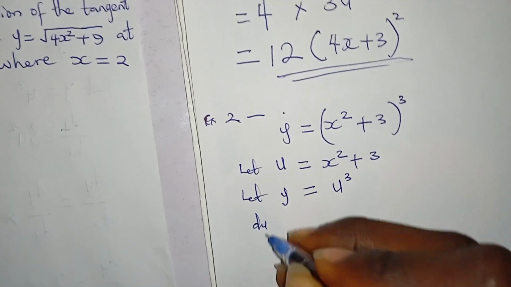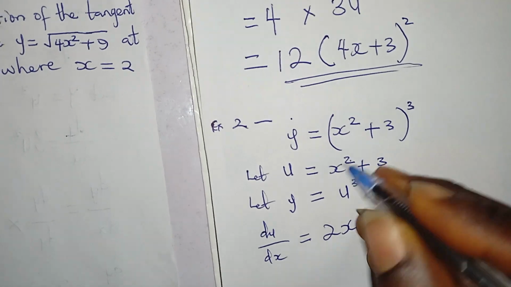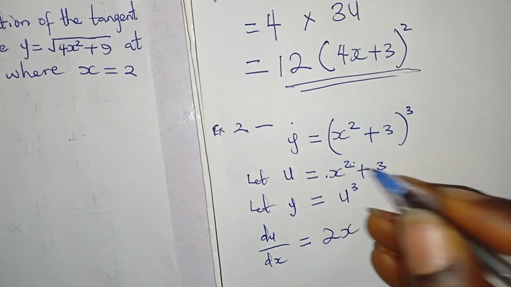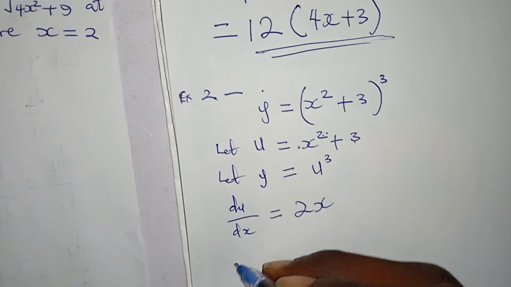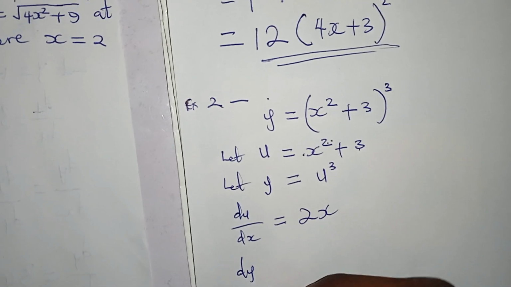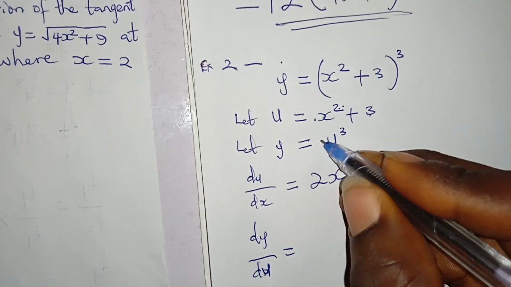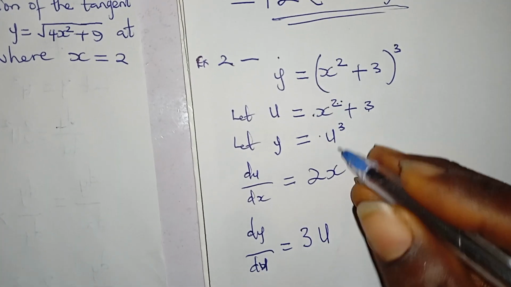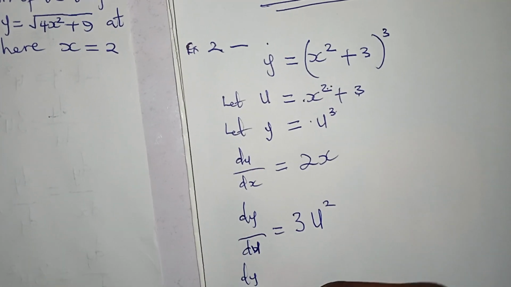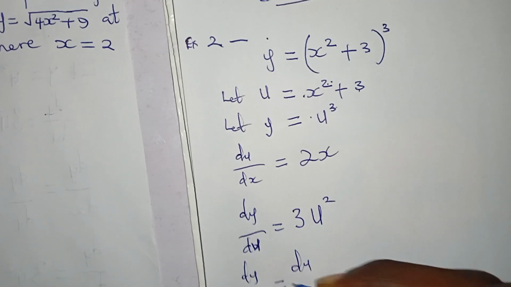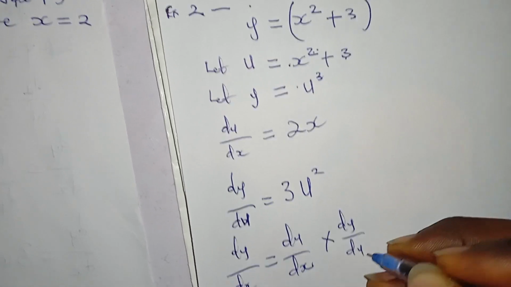That means that du/dx will be equal to 2x. Carry the power and bring it down as coefficient, subtract 1 from it, and the derivative of a constant is simply 0. Then dy/du is going to be 3u, subtract 1 from the power, 2. So dy/dx is simply du/dx times dy/du.